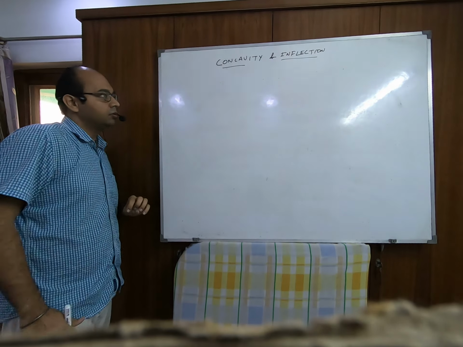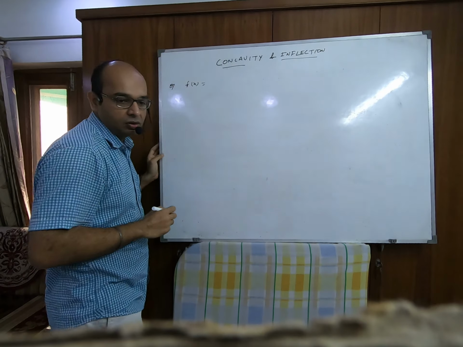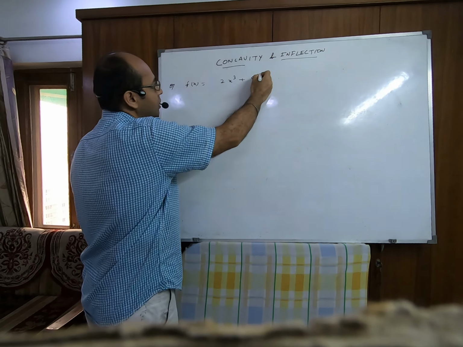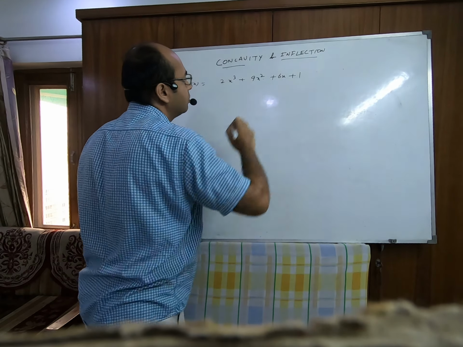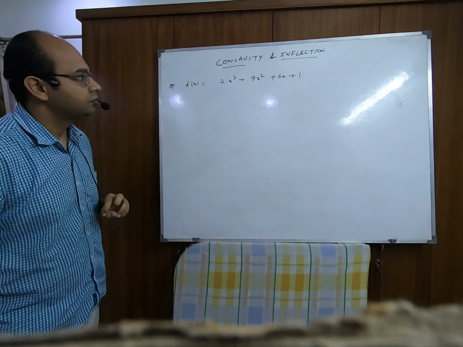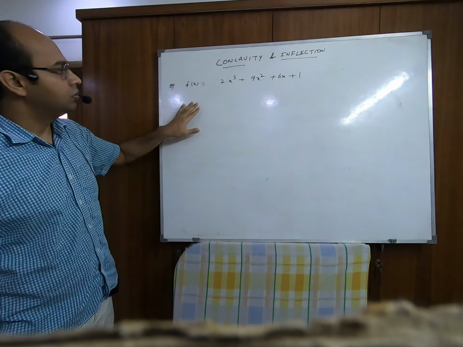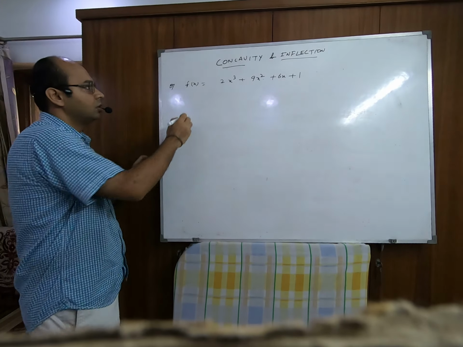Let's take an example. There is a function f(x) equal to 2x^3 + 9x^2 + 6x + 1. Right. Now we have to know the shape of the graph in different intervals.